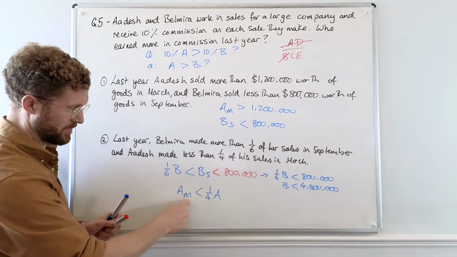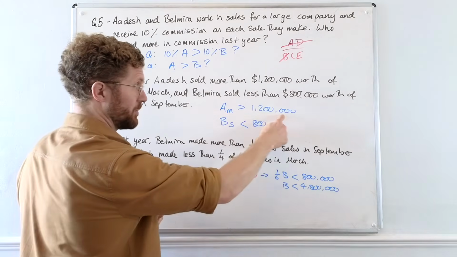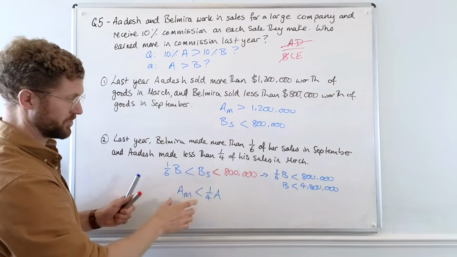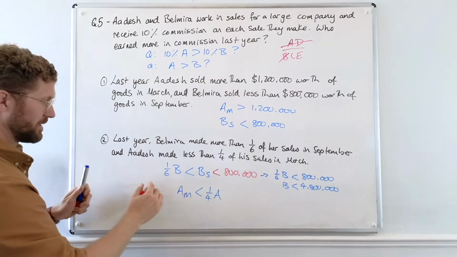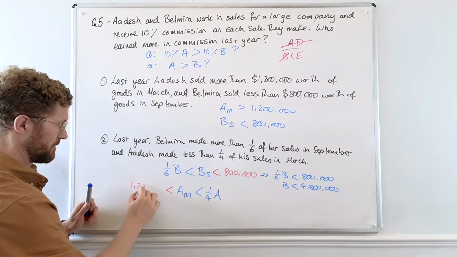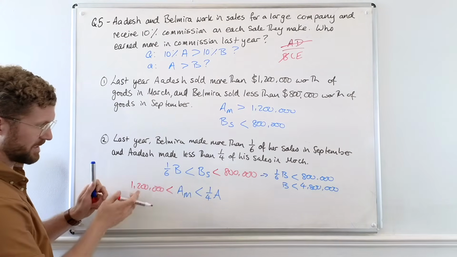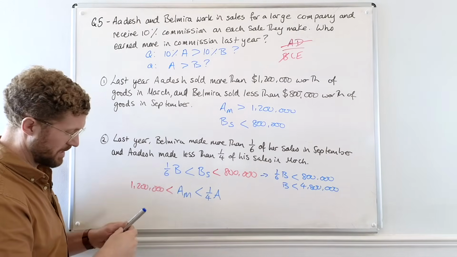I can do a similar thing with Adesh's. Adesh in March was less than 1/4 of A, but Adesh in March was greater than 1.2 million. This is a little more difficult to see because the inequality signs are pointing the other way around. But Adesh in March was greater than 1,200,000, and again I've got this three-way inequality.